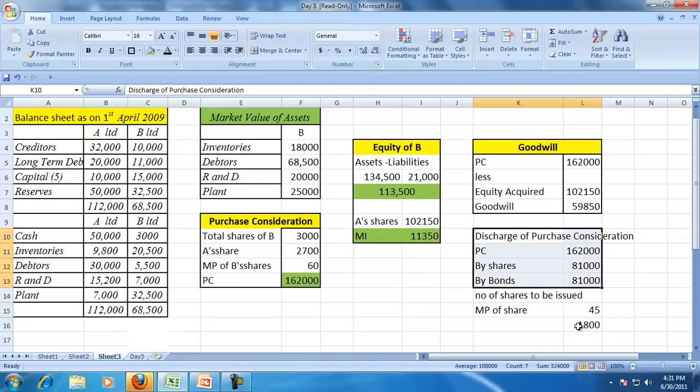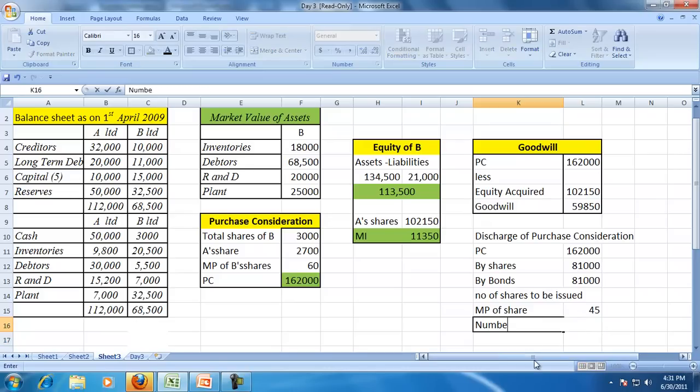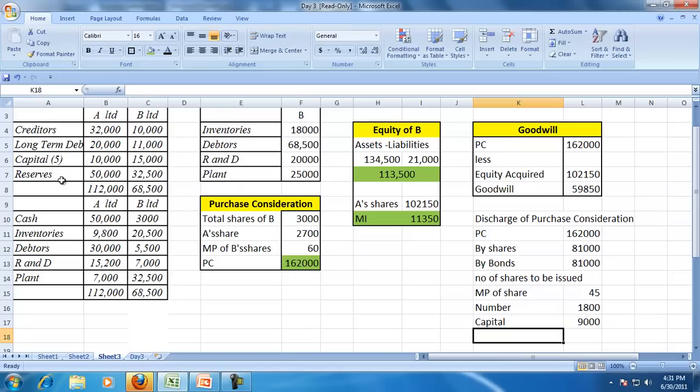And what to do with this 1,800? The capital is 1,800 into 5, because the face value of the capital is 5, and the share premium is 1,800 into 40.